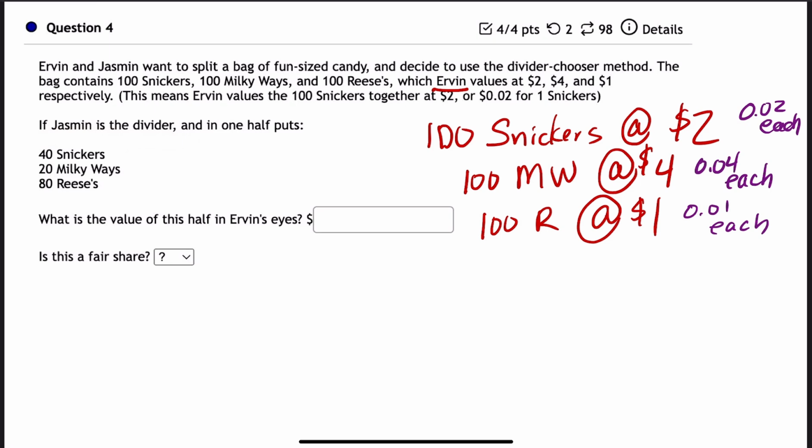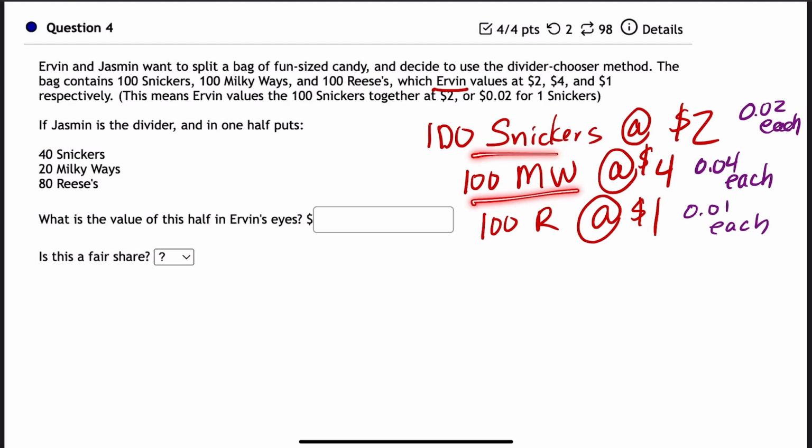Jasmine divides up the candy into this as being half based on how much Jasmine values the candy. And so Irvin needs to figure out whether he thinks it's a fair share or not.